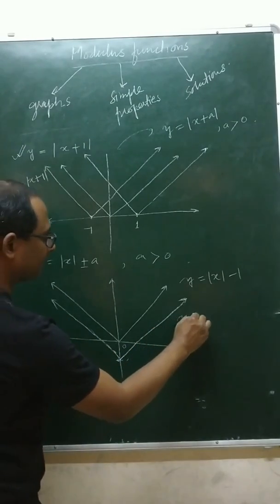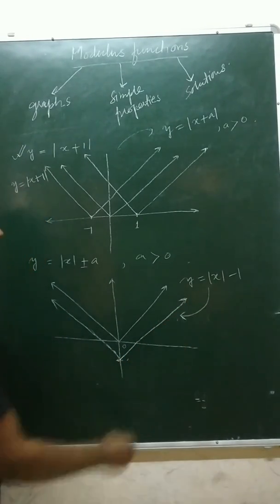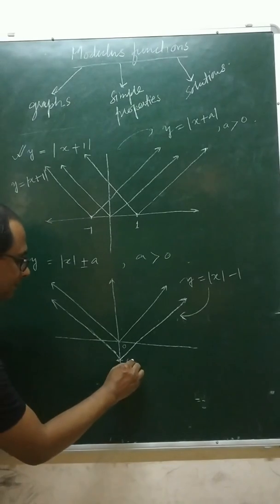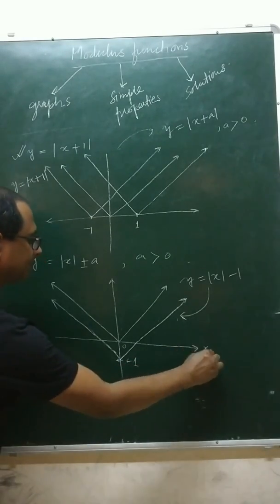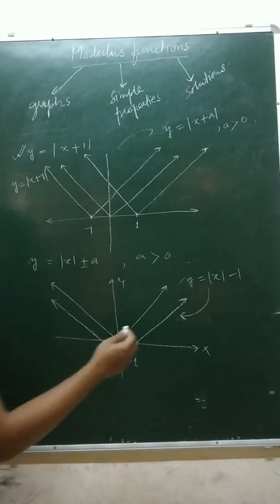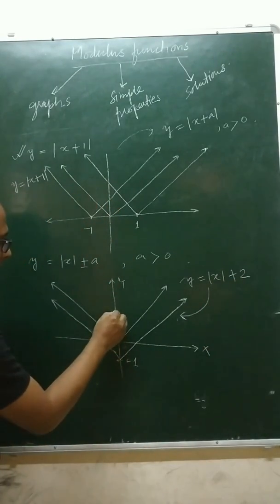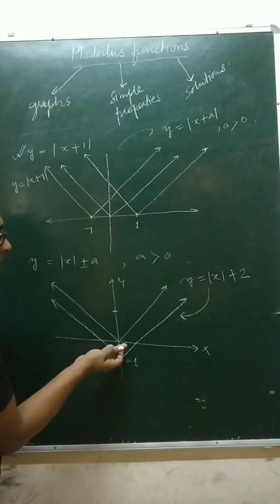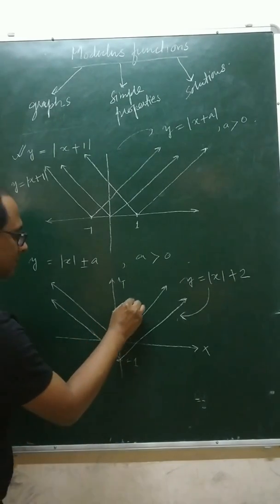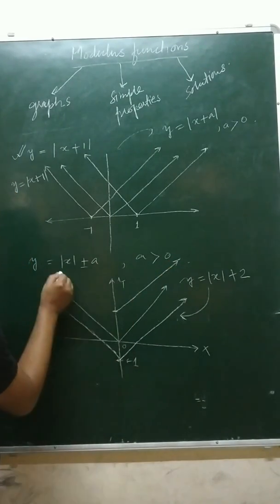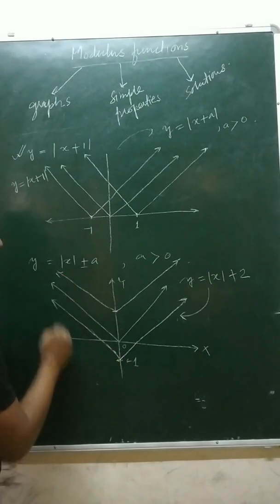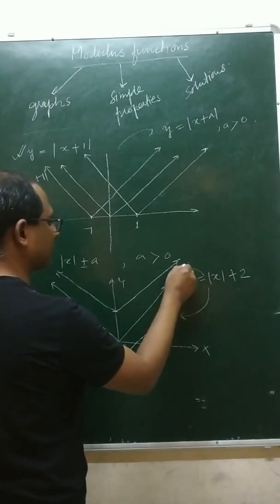So this one will become y equal to modulus of x minus 1. Similarly, modulus of x plus 2: the original graph will shift 2 units above the x-axis. It will take the shape of this. So it will become y equal to modulus of x plus 2.